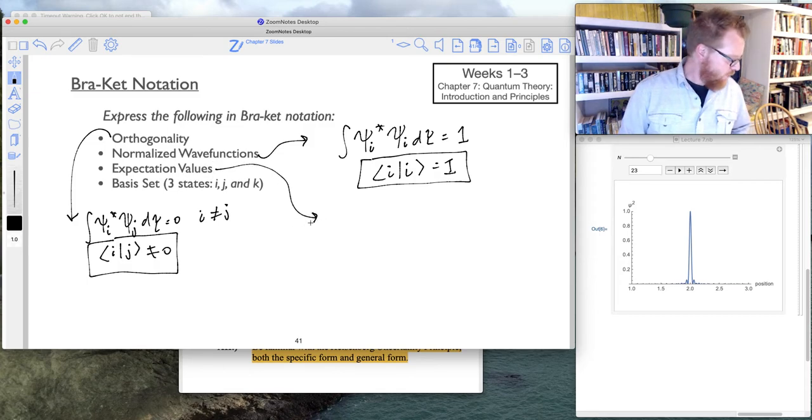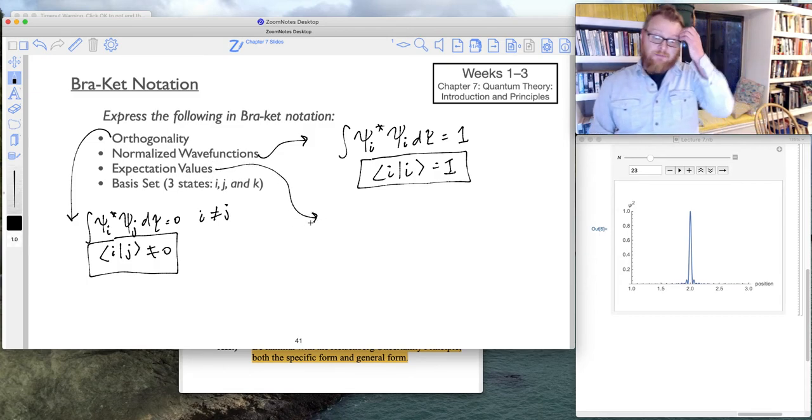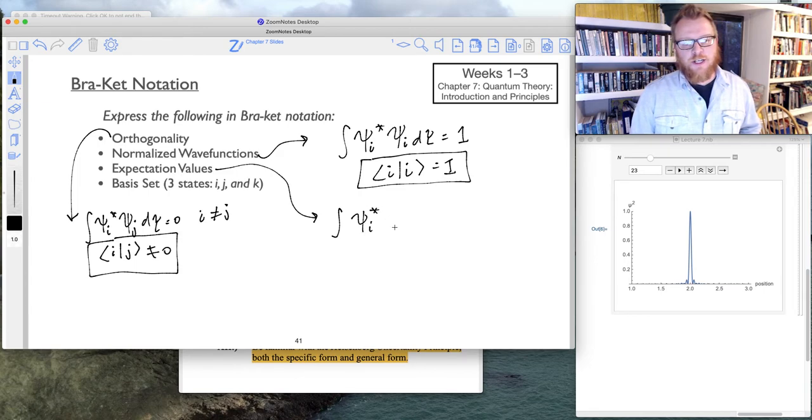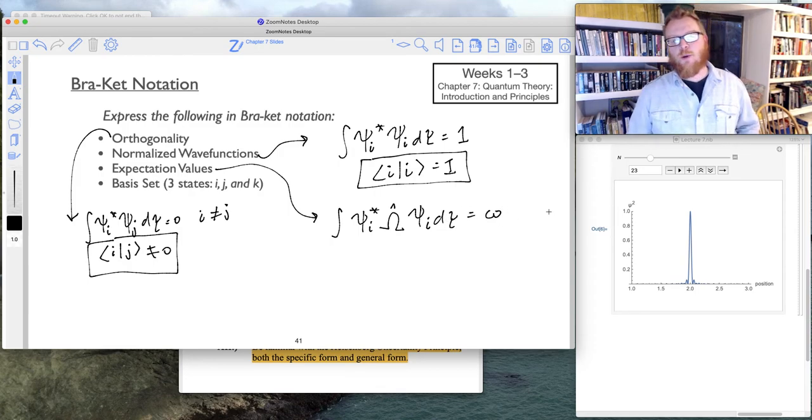So how about expectation value? This one is going to change a little bit. For expectation value, I'll remind you what the mathematical operation is. It is the integral of psi i complex conjugate, omega, we make the operator sandwich, psi i d tau equals lowercase omega.